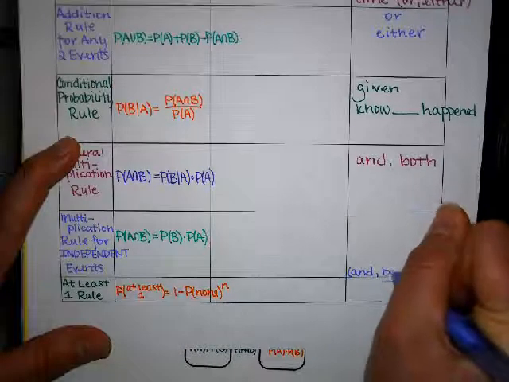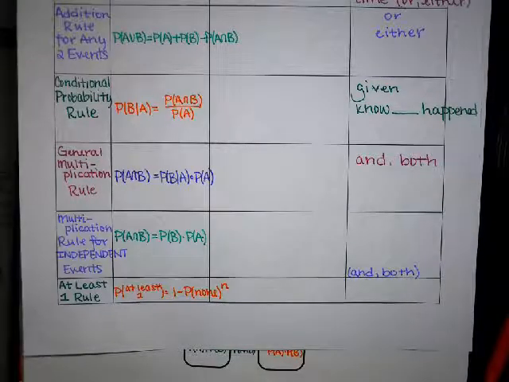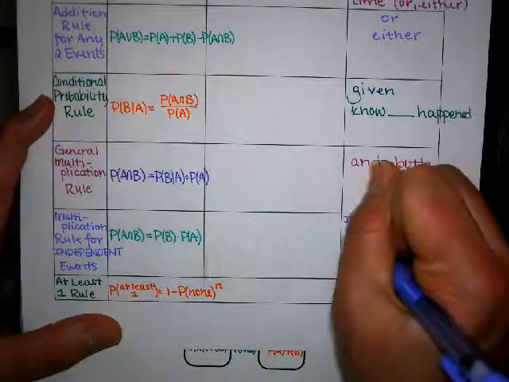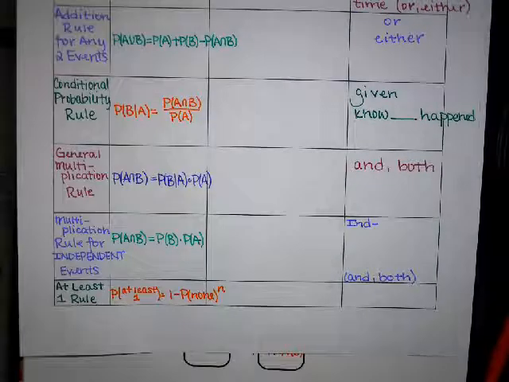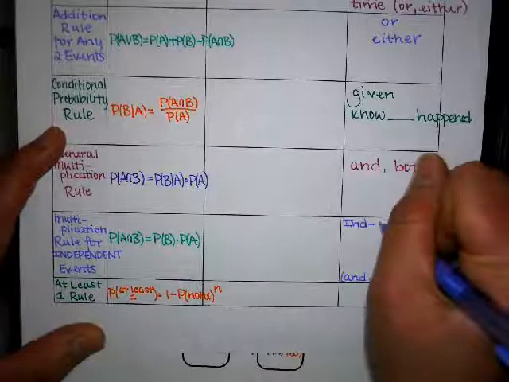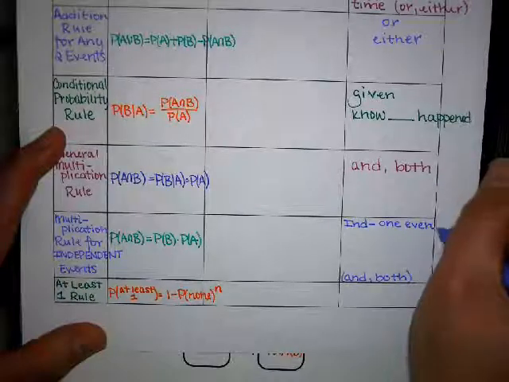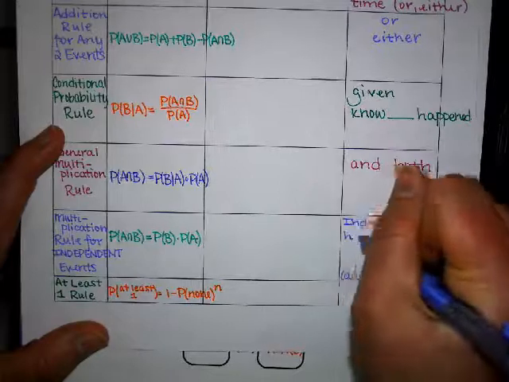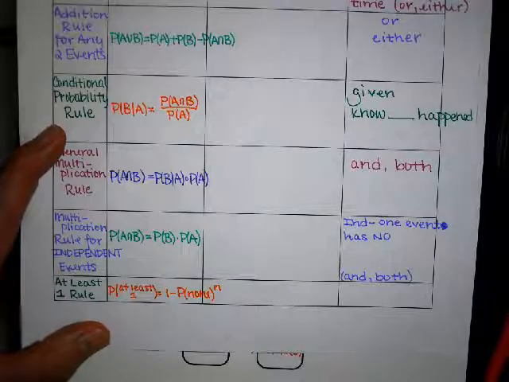And then just a little reminder, independent events. Independent is when you have two events and the outcome of one doesn't affect the other. And this is where I hate English too. I don't know if it's effect or affect. One event has no effect on the outcome of the other.